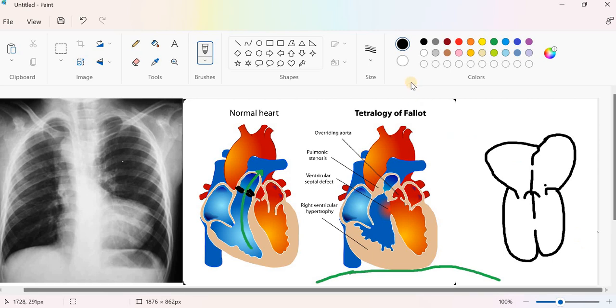And here I can quickly draw, for the sake of ease, the aortic artery, and on the other side I'll draw the pulmonary artery. So here, this is pulmonary artery, this is right ventricle, this is left ventricle, right atrium, left atrium.